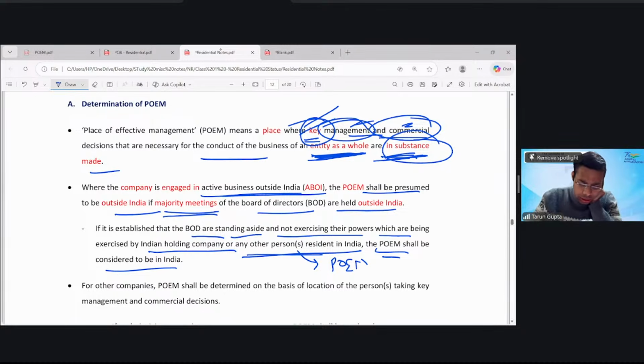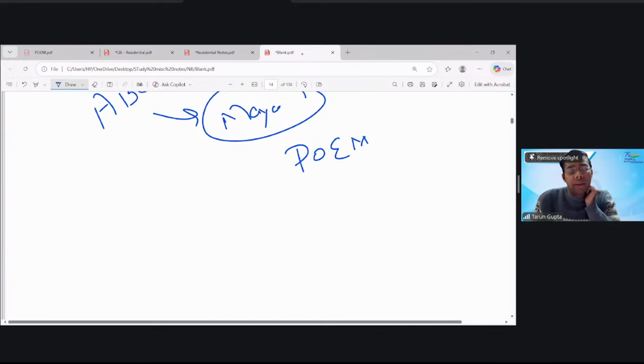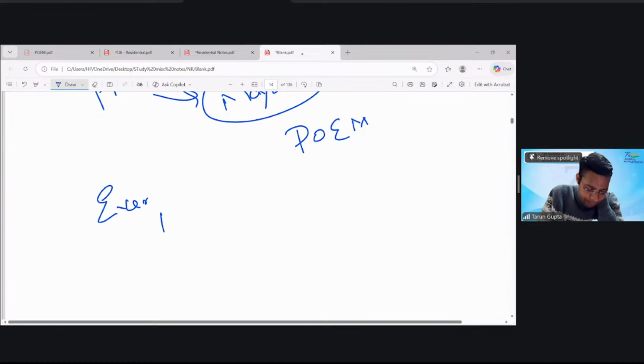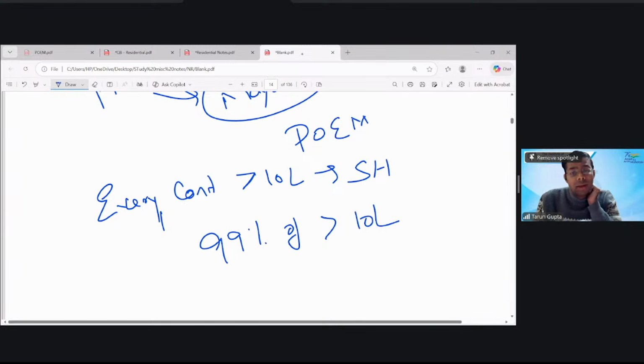Assuming there is a requirement in such companies that every contract exceeding 10 lakh shall be approved by the shareholder or by the Indian holding company. And historically, 99% of the contracts are more than 10 lakh. Then, of course, the board is doing nothing.